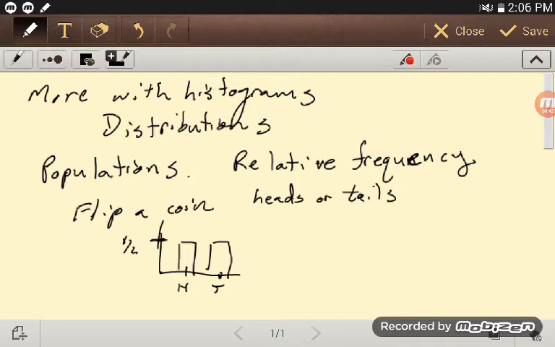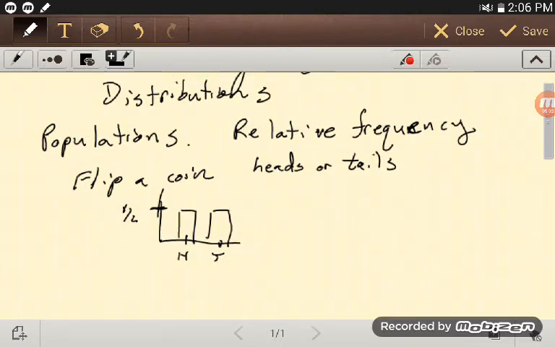Okay, so if I flip the coin, I would expect to see a heads half the time and tails half the time. Okay, and we see that.